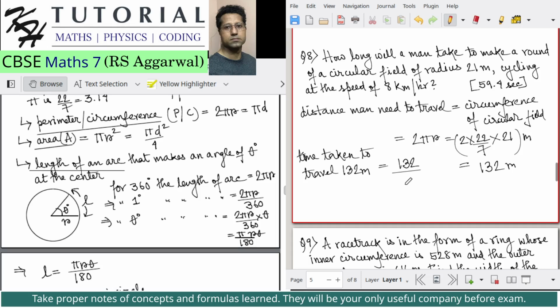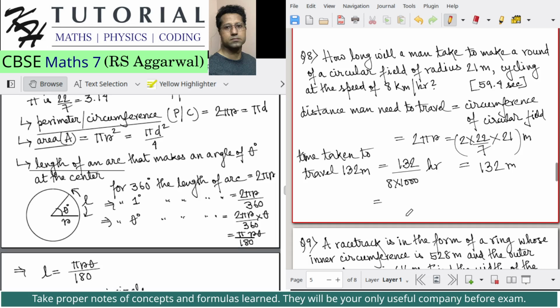Now remember that the speed is given as 8 km per hour and the distance he has to cover is in meter. So 8 km per hour we have to convert into meter. So the speed will be 8 multiplied by 1000 meter per hour. So the time taken will be 132 divided by 8 multiplied by 1000 hour.